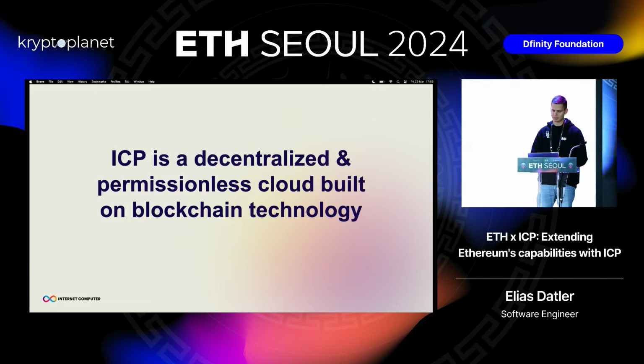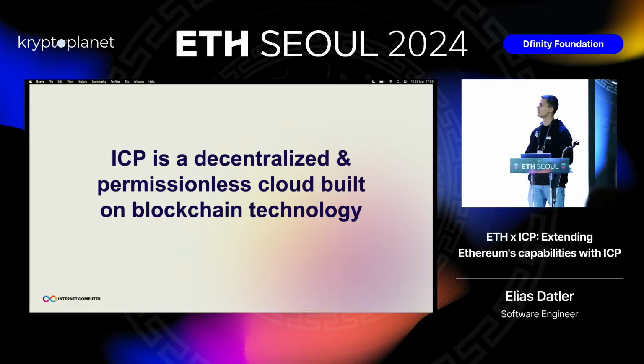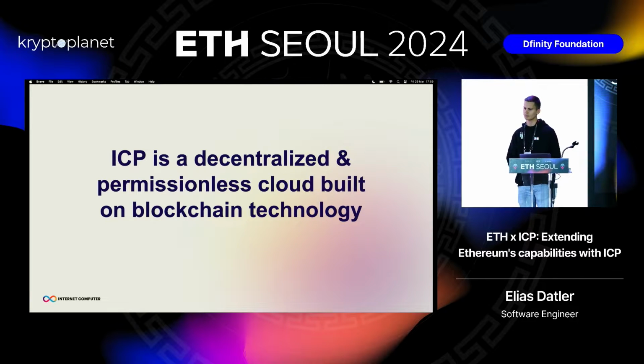So what is ICP? There are many definitions, and I've picked two that I like the most here. You can think of ICP as a decentralized and permissionless cloud that's built on blockchain technology. So the internet computer really behaves like a decentralized cloud computing platform.